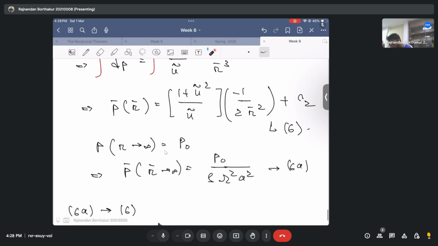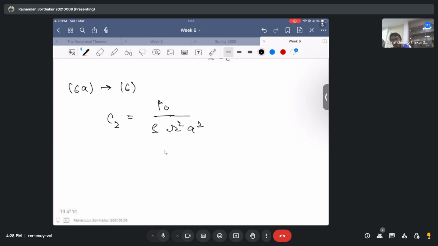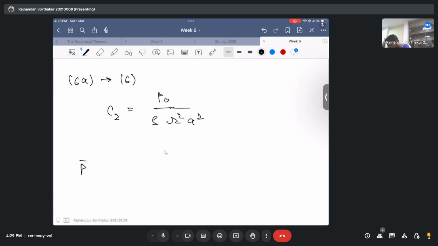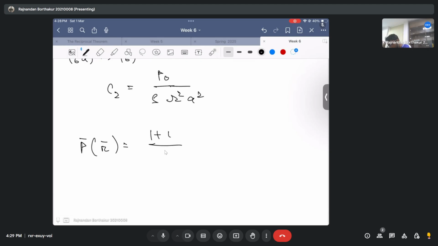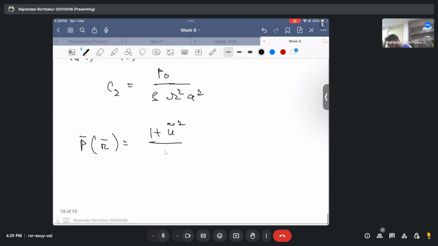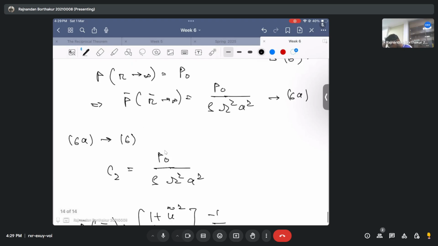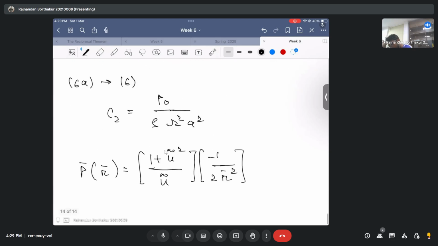This means I have now uniquely determined pressure, in the limit when Reynolds number is less than 1, as p̄ as a function of r̄: (1 plus ũ squared) by ũ times minus 1 by 2r̄ squared, plus c2, where c2 is p naught by rho omega squared a squared.